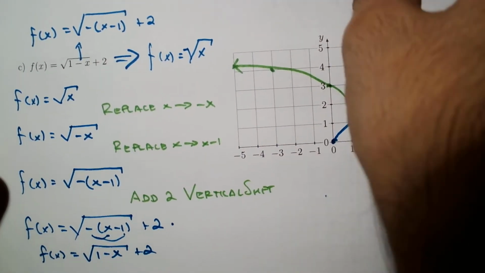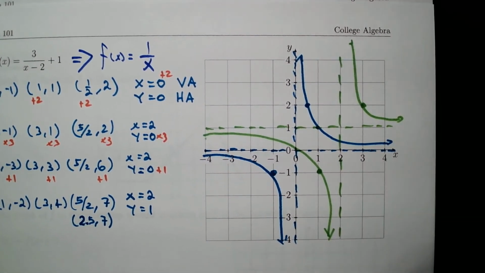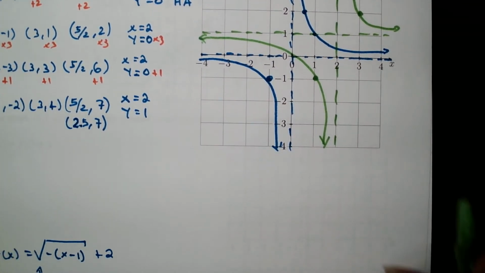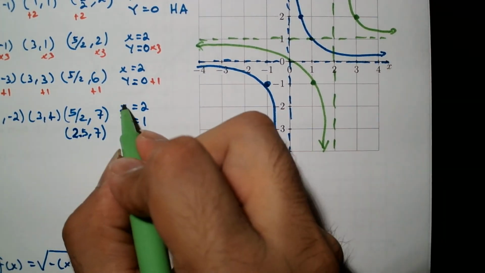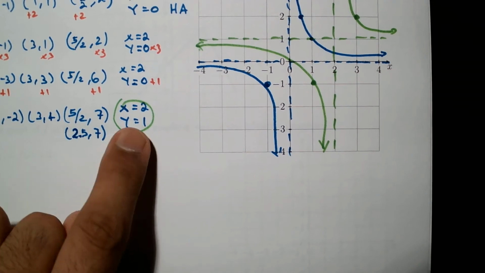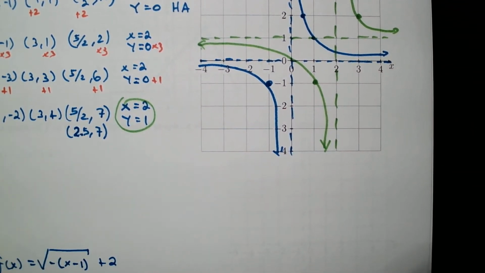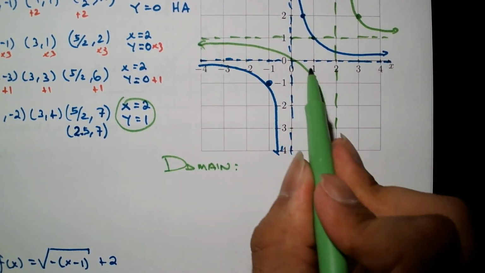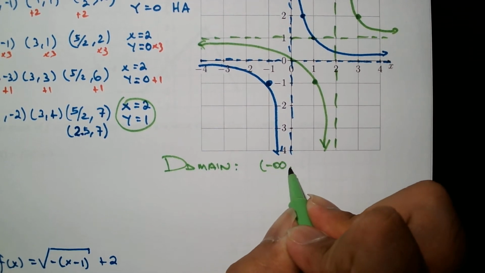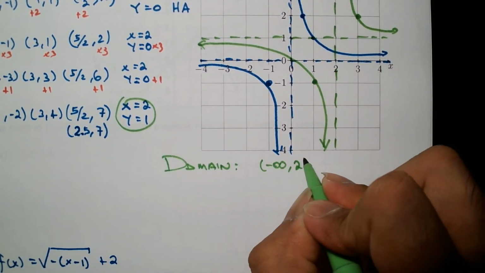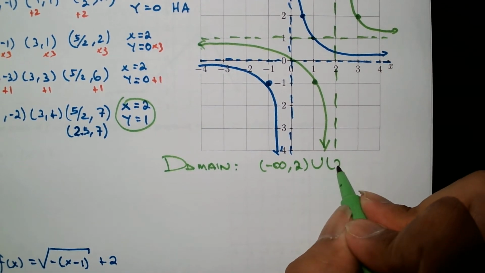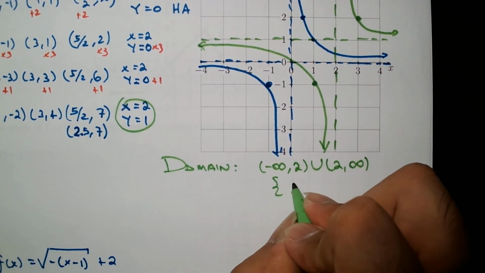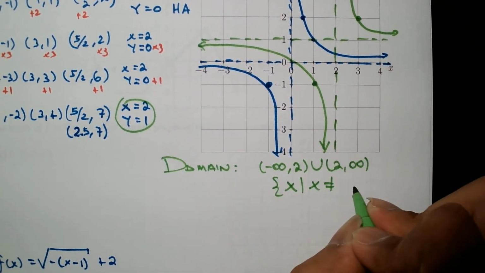Let's look at the domain of the other function, the one in green. In this case, everything is fine until we get to this vertical asymptote, which is located at x equals 2. So those are the values that the function does not take. So the domain, in this case, is -infinity to +infinity, but it doesn't take the value of 2. So we exclude it this way. Or using set notation, x such that x cannot be 2.